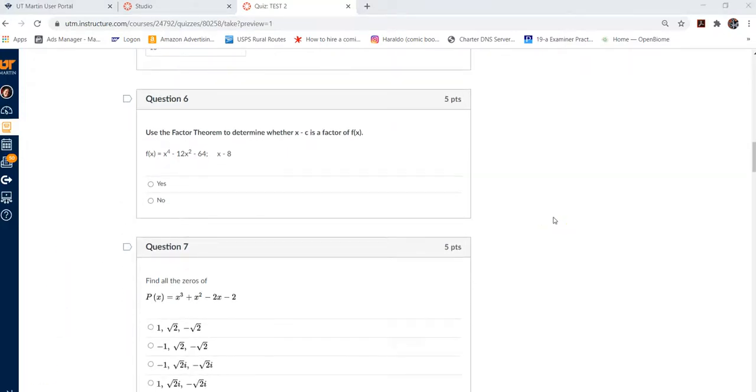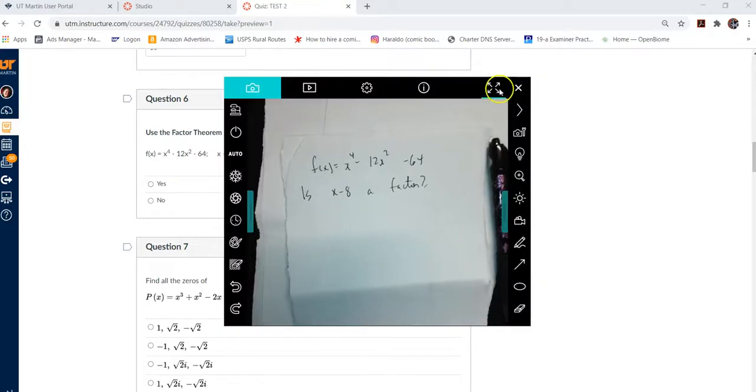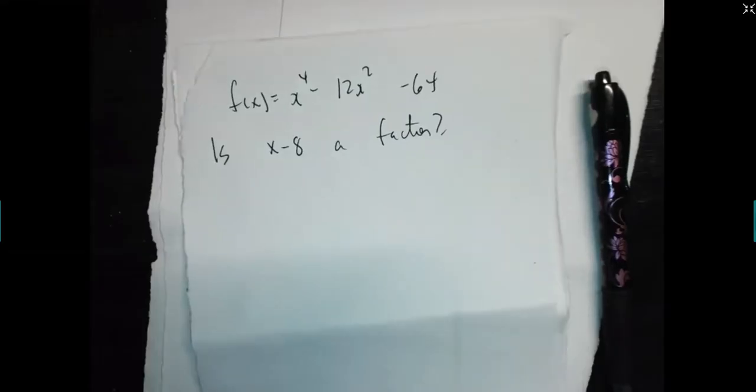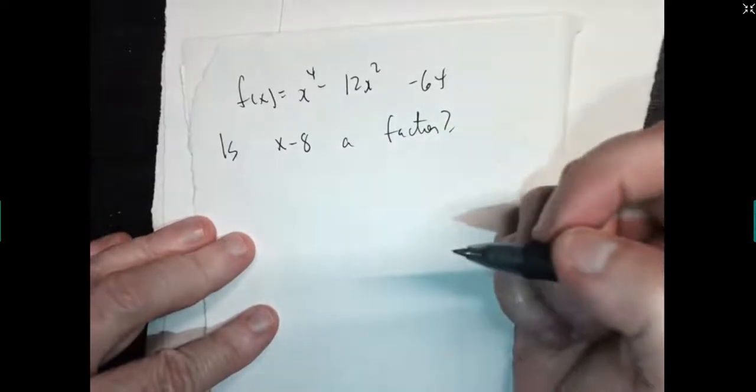Okay, so if we look at the next one, use the factor theorem to determine whether x minus c is a factor of f of x. So again, f of x is x to the fourth minus 12x squared minus 64. And the question is, is x minus 8 a factor? I'll solve that with synthetic division.